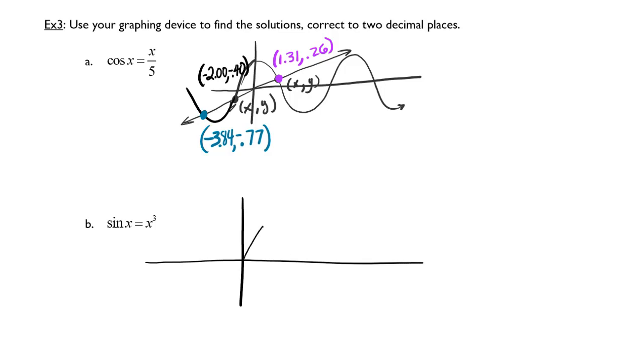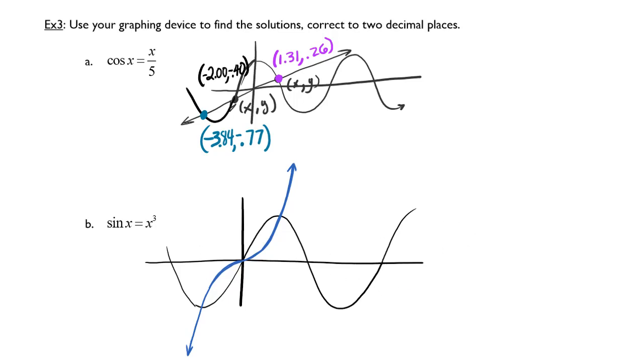I'll go ahead and graph the sine function here. And then I'll graph the x cubed function. X cubed kind of looks like this, where it kinks at 0 and it approaches negative infinity in the y direction as x approaches negative infinity, and it approaches positive infinity as x approaches positive infinity on the right in the first quadrant.